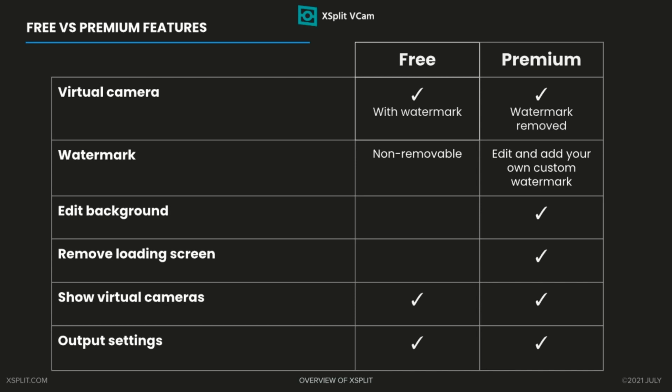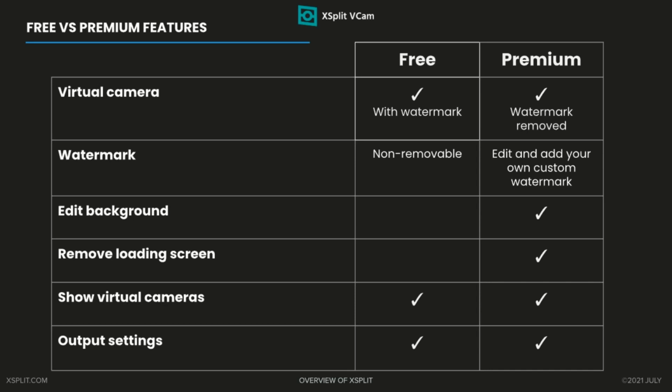Here's an example of what you'll get with the premium features compared to the free version. So using the free version of VCam, it will appear with the watermark. But of course, with the VCam premium license, the watermark will be automatically removed. And you can even edit and add your own custom watermark, like what we showed earlier.